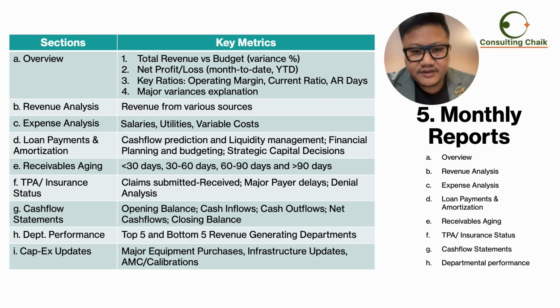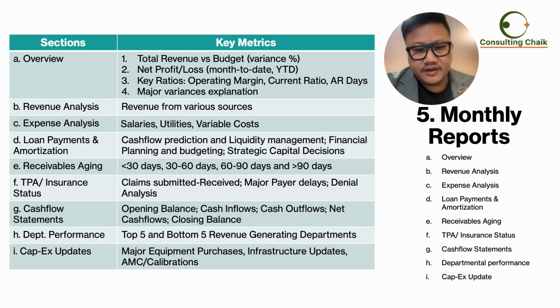And then we have departmental performance. Department wise, we have to see which departments are performing the best and which departments are having a negative cash flow. We cannot do anything until and unless we identify where the problem is. So that is why this exercise is very essential to be done on a monthly basis.